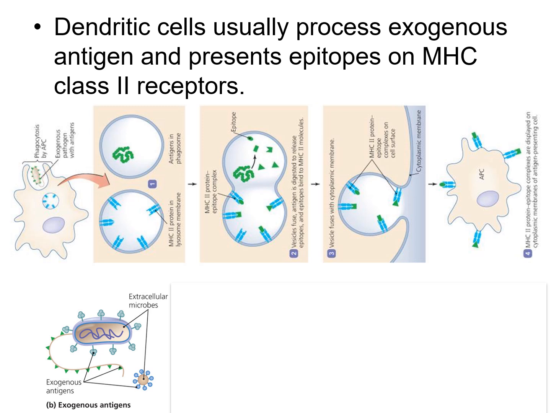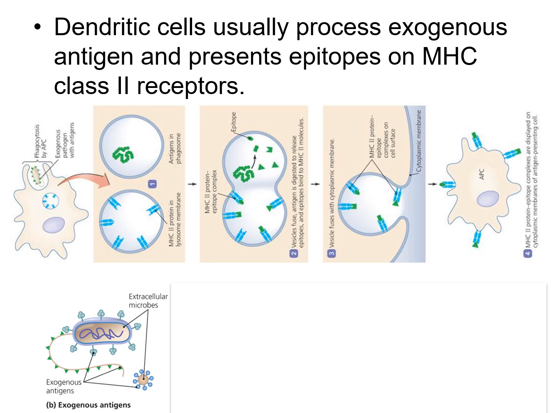It's going to devour the bacteria and it's going to process the bacteria. Notice how inside of that macrophage, you have a lysosome, and the lysosome has MHC2 receptor attached.